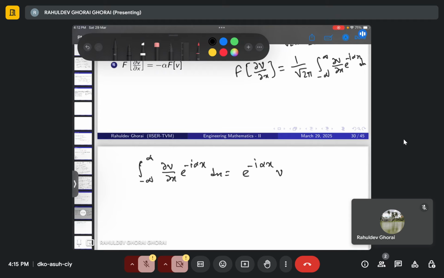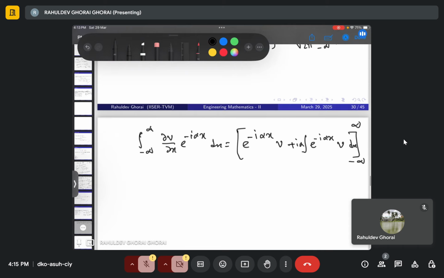And then it will be v, right? So first the negative of e to the power, I will take integration of e to the power minus I alpha x. So that will give you minus I alpha, so I can take plus I alpha, and alpha and I are constants, so that is not a big issue. Then times it will be again v dx, but it is from minus infinity to infinity.